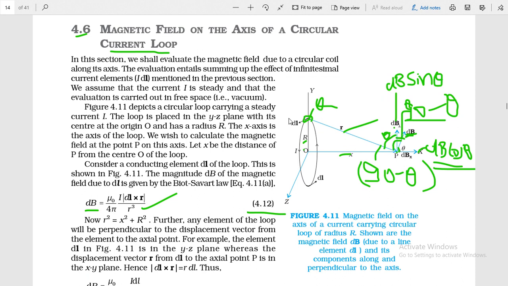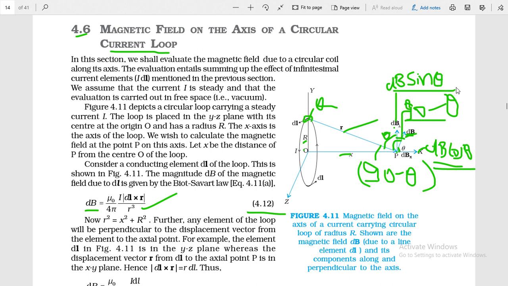Since you can take an infinite number of elements from this loop, you will get an infinite number of dB sin theta at this point, and each dB sin theta is cancelled by one exactly opposite dB sin theta.